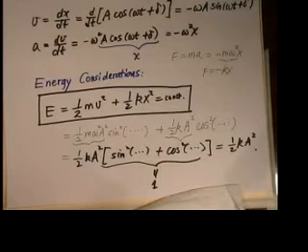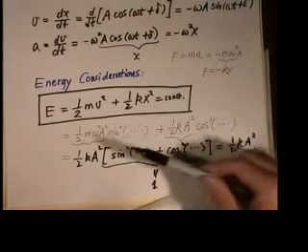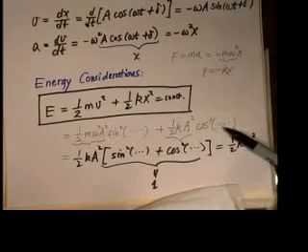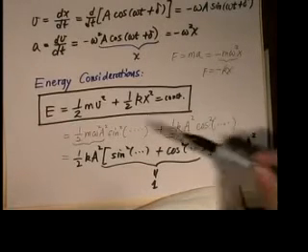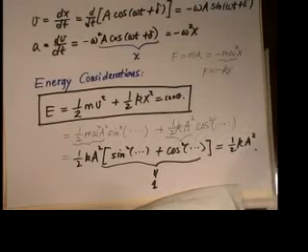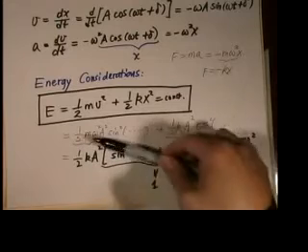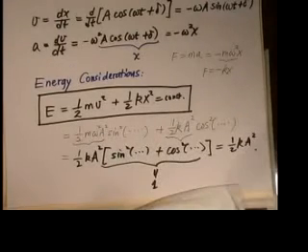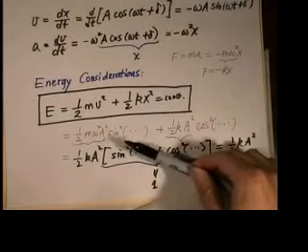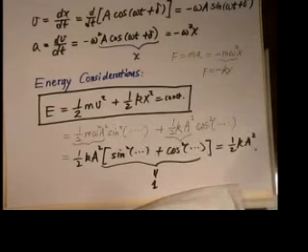Now we don't know what omega is, but we do know one thing, and that is when you add these two terms up, you've got to have a constant. This is sine squared, this is cosine squared. They both depend on time, but if I add them together, they become time independent, which is equal to 1. But the condition is these two prefactors must be equal to each other. If they're not equal to each other, you cannot combine the sine squared with cosine squared, and E would depend on time, which violates conservation of energy.